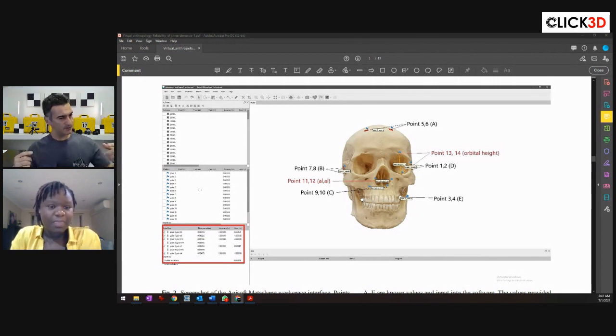Okay. And were you using a turntable to document the skull, or were you just moving around the skull? I myself was moving around the skull manually. Okay. So did you have it in the middle of a floor or something that you could move around? It was in the middle of a well-lit room.